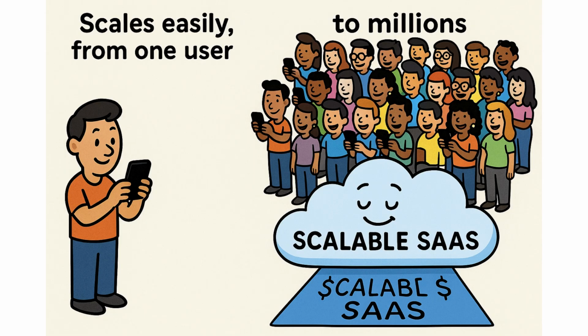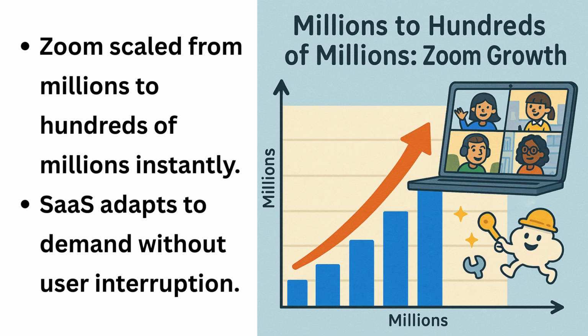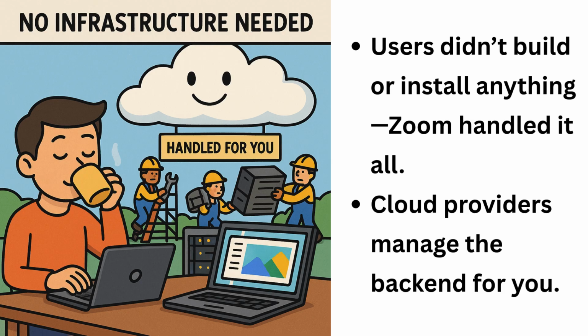Scales easily, from one user to millions. Perfect for small teams or global companies, scale as needed. Example, Zoom. When the pandemic started, Zoom went from millions to hundreds of millions of users almost overnight. Did Zoom users need to install new infrastructure?